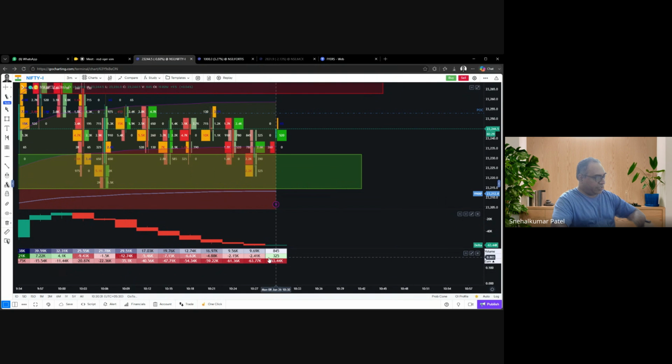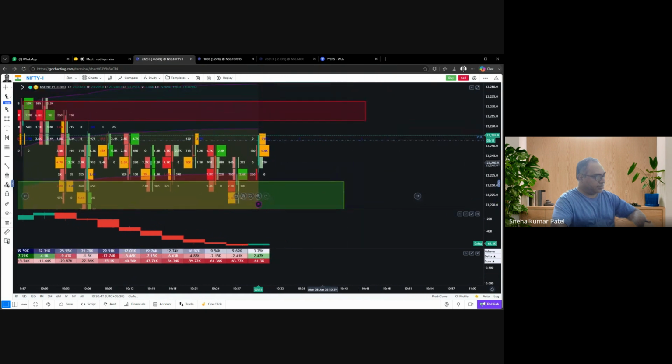Delta is again trying to turn positive after a long time, from this candle. After 10 a.m., it's 10:30. After half an hour, it's trying to turn positive. We can see imbalance on the buy side. Price is trying to sustain above the key level, the point of control.